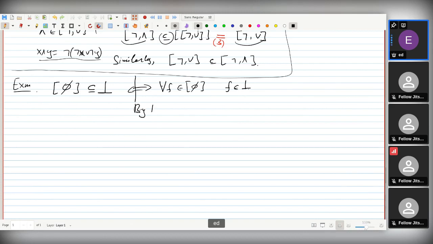Okay, by lemma 1, we should check 3 things. That everything from the base set satisfies our condition, but of course every function from the empty set satisfies whatever property.